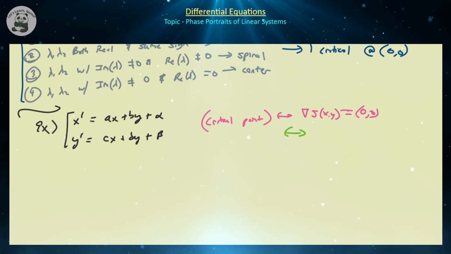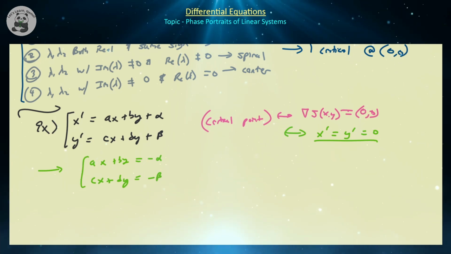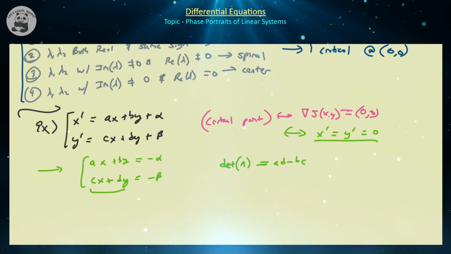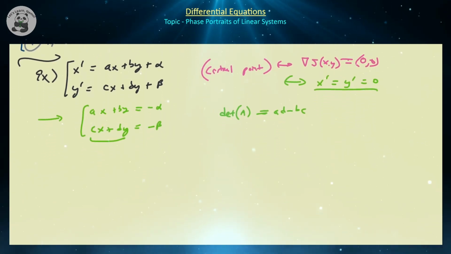This is true, keep in mind, if and only if x prime and y prime are both equal to 0 simultaneously. So we can solve this system: ax plus by and cx plus dy are equal to minus alpha and minus beta. Keep in mind this coefficient matrix has a nice determinant of ad minus bc. Then we can use Cramer's rule to find where x and y are located.